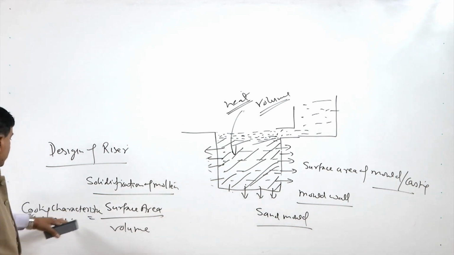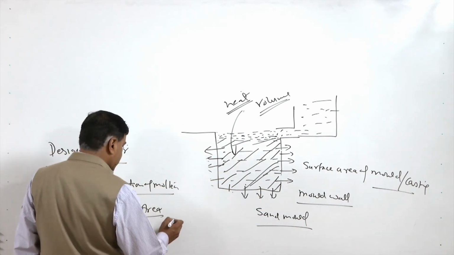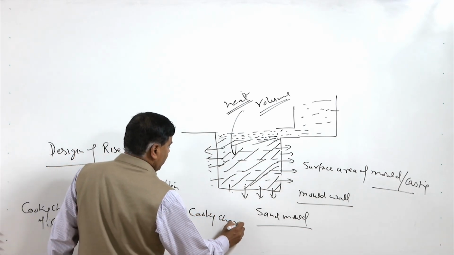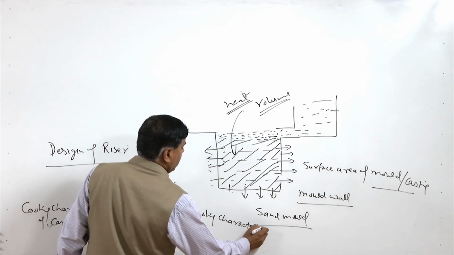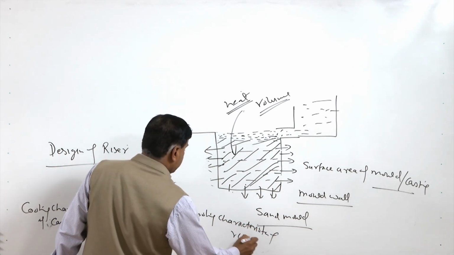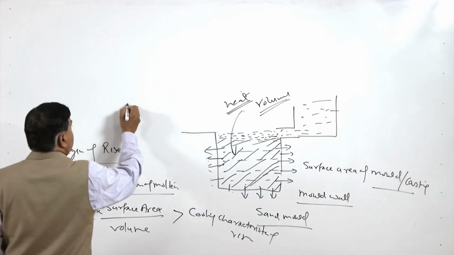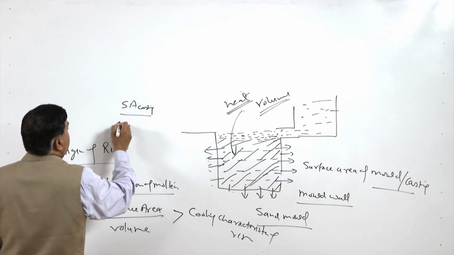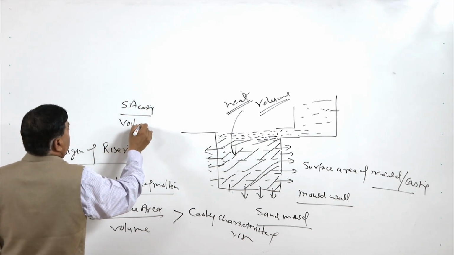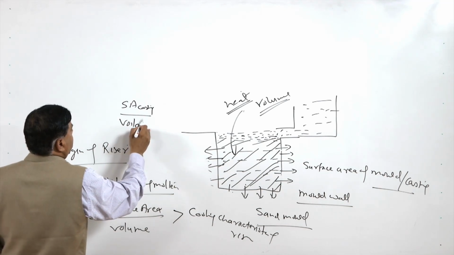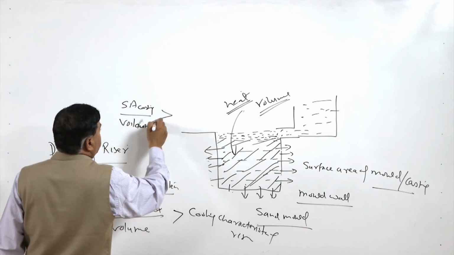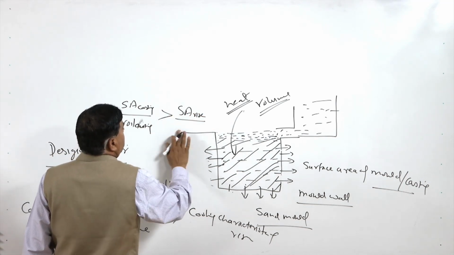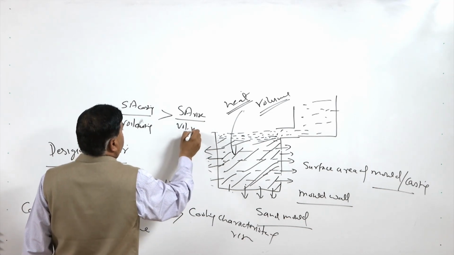If the cooling characteristic of the casting is higher than the cooling characteristic of the riser, then what we can say here is that the surface area of the casting divided by the volume of the casting should be greater than the surface area of the riser divided by the volume of the riser.